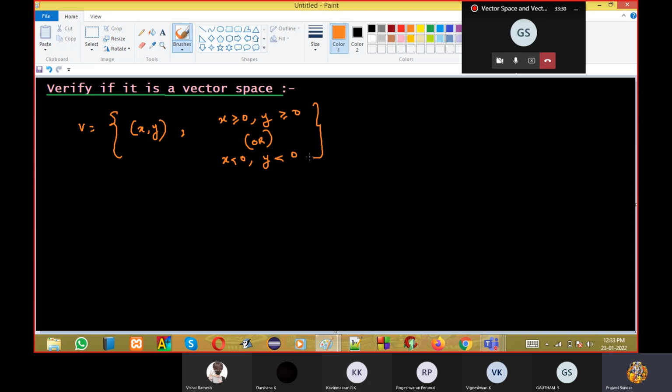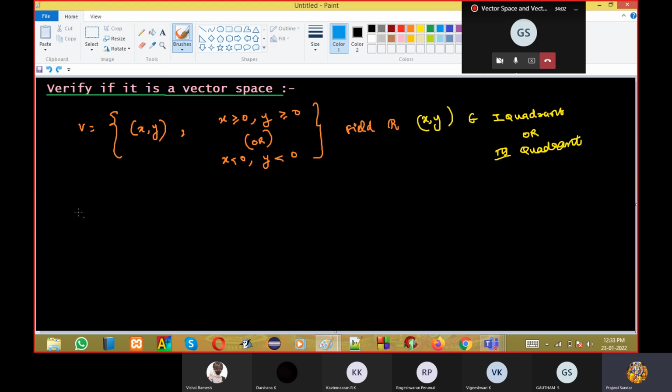Verify if this is a vector space over the given field R. I'll explain this question. I don't want to waste time. Already time is less. So what is the condition? The condition says x comma y should belong to the first quadrant or the third quadrant. This is the exact condition they have given, correct? This point should either lie in the first quadrant or the third quadrant.